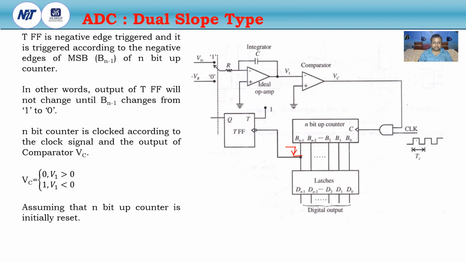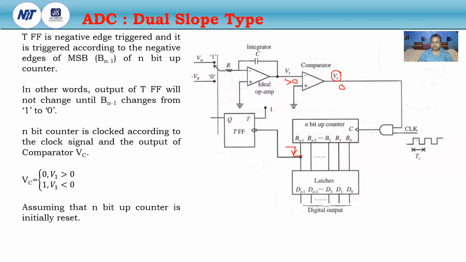The n-bit counter is clocked according to the clock signal and the output of the comparator, VC. When V1 is greater than 0, VC will be 0, as the comparator is an inverting comparator.